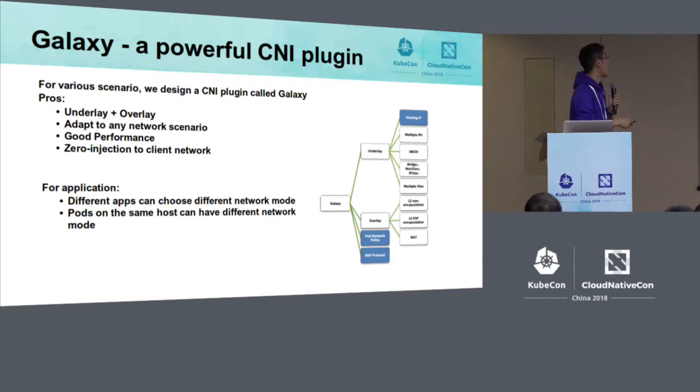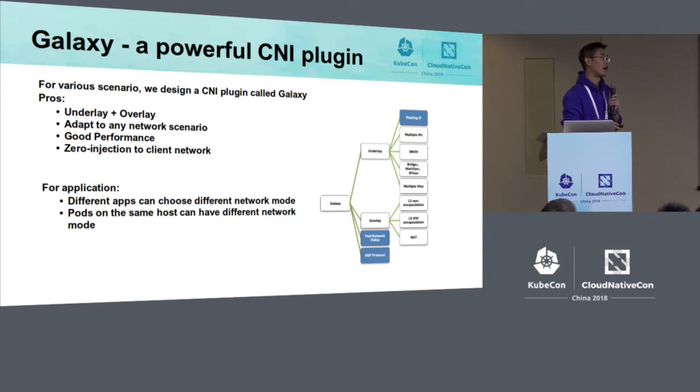First, it supports both underlay and overlay technologies, and second, it adapts to any network scenario. Third, it has good performance. Fourth, it has zero injection to the client network. If the client deploys the Galaxy network, they will not change the topology, since Galaxy can adapt to the client network and will not make any changes to it.